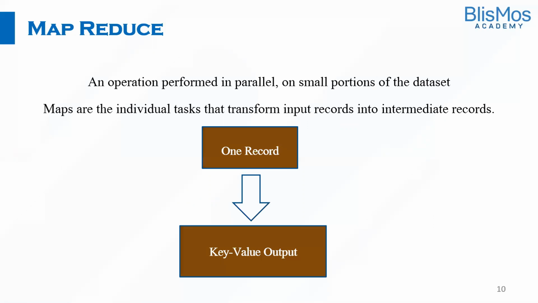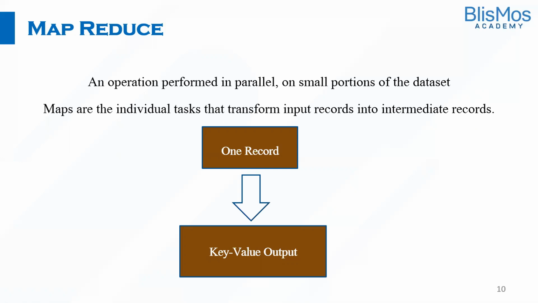If you really drill down one level further, MapReduce, we already understood, is an operation performed in parallel on a small portion of the data set. Why am I saying small portion of the data set when this is huge data? The reason being the data, whichever is big, is not at one place.